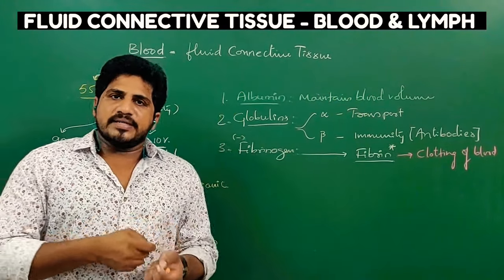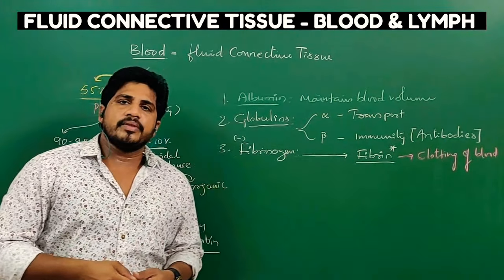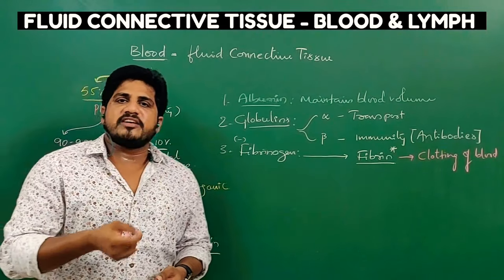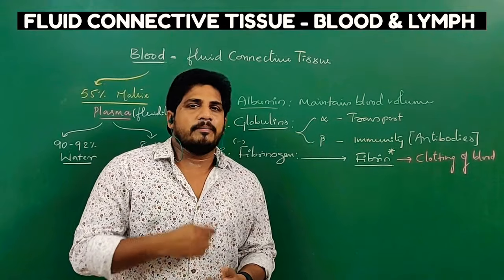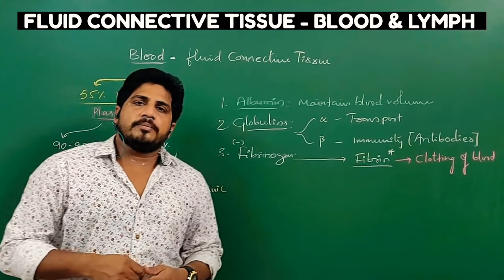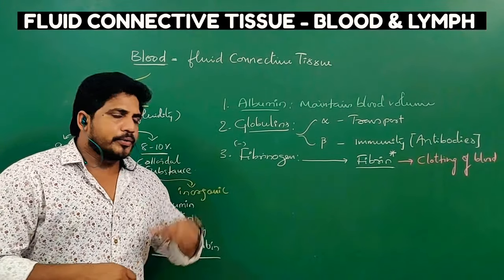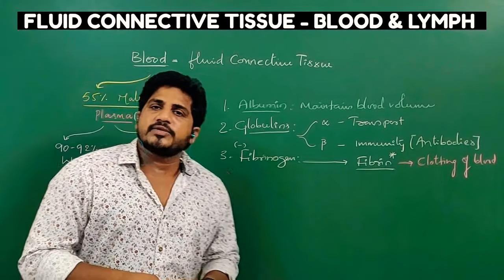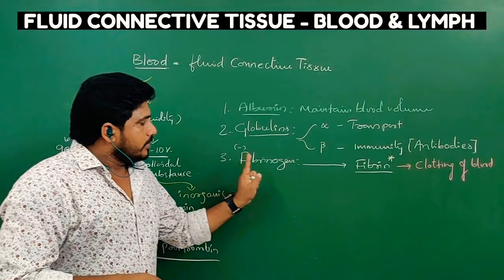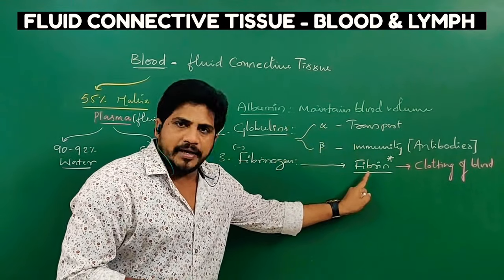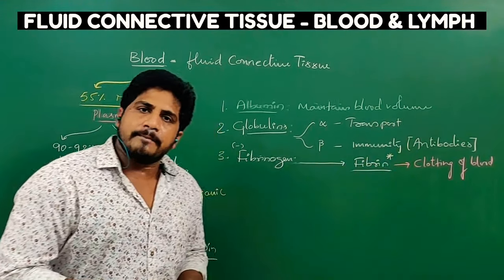When some damage or break happens to the body, generally due to the damage of a blood vessel, the blood inside comes out, called bleeding. The bleeding stops within 3 to 8 minutes due to many factors. Fibrinogen is one important factor. This fibrinogen becomes fibrin, and then this fibrin helps to clot the blood.